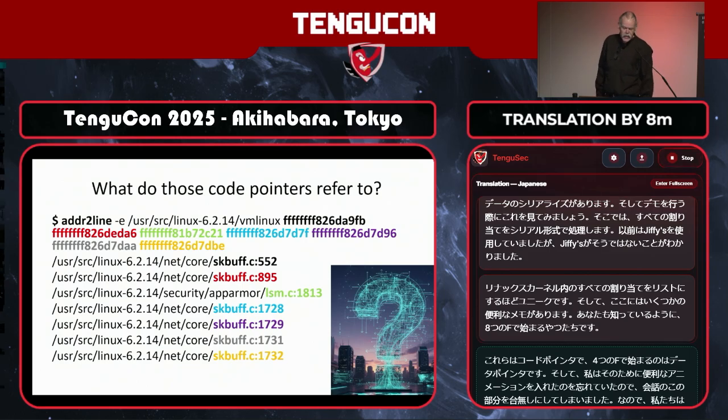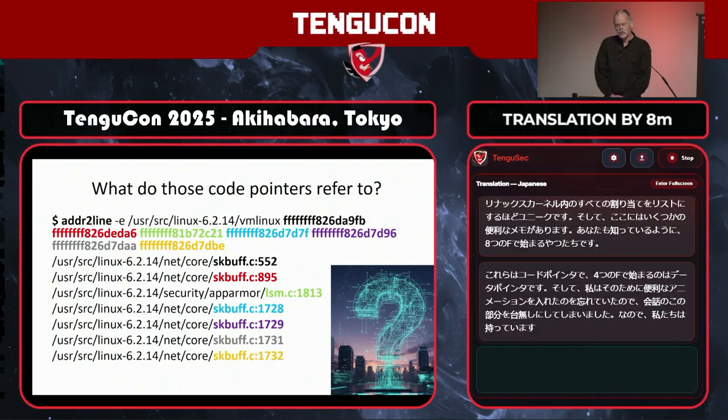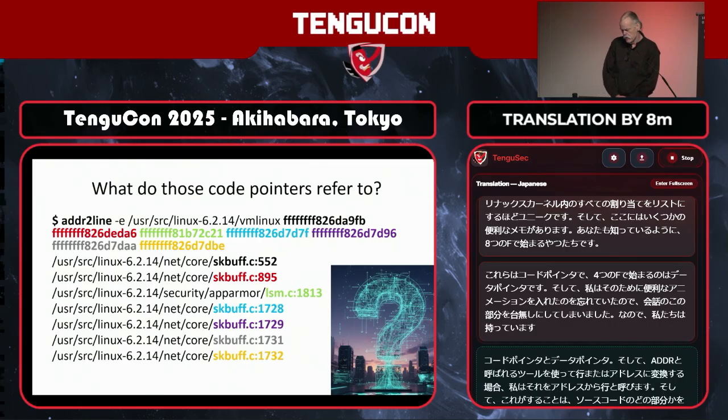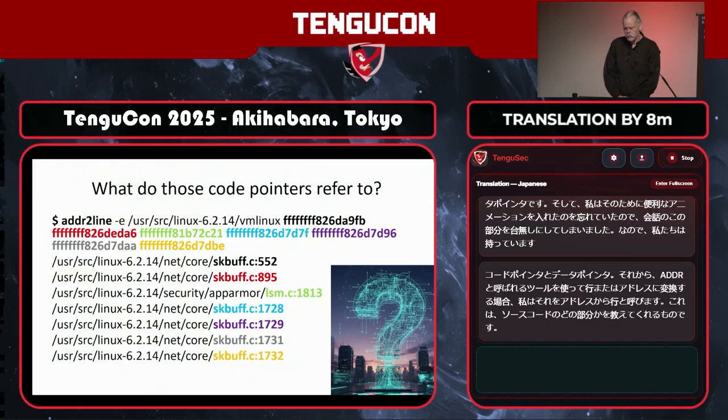And then if you were to use a tool called addr2line, or address to line, what this does is it will tell you the part of the source code that the particular memory address points to.